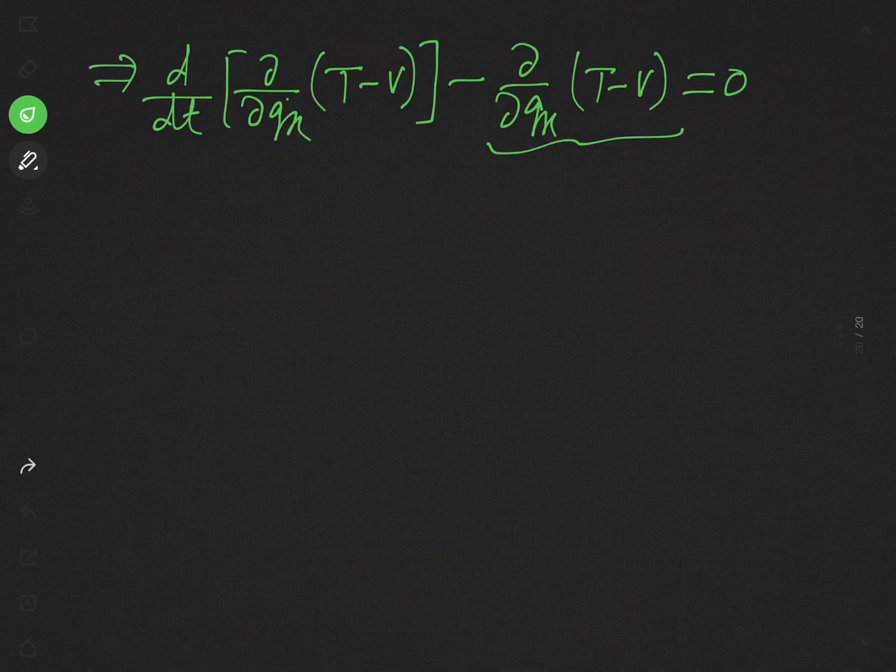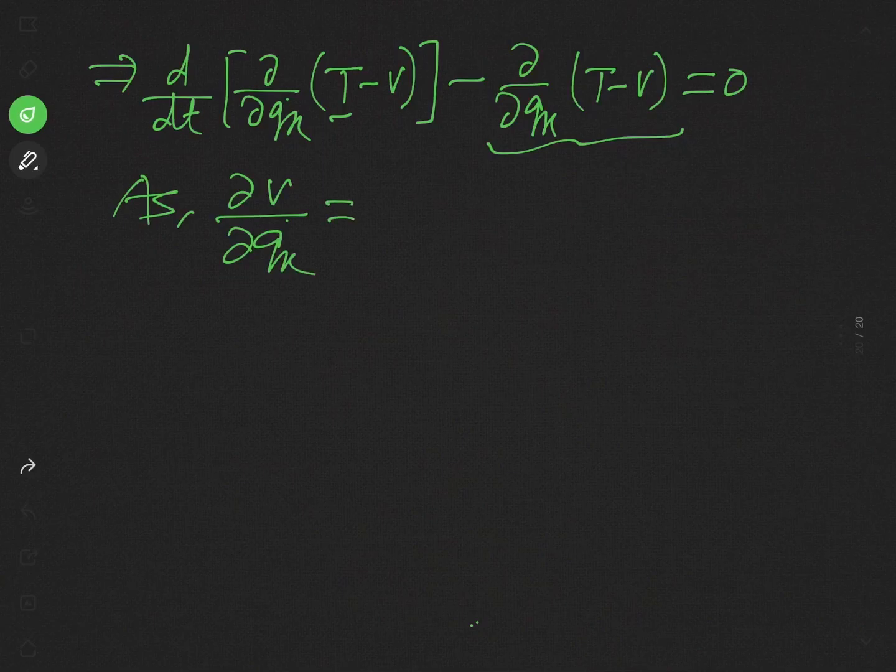But here I have done an extra thing. Here is only T, but I have written T minus V in place of T. Why? Because, as I have told you just now, del V by del Qk dot is equal to 0.